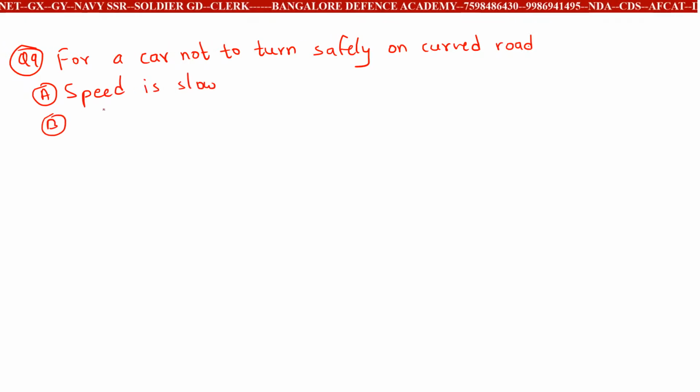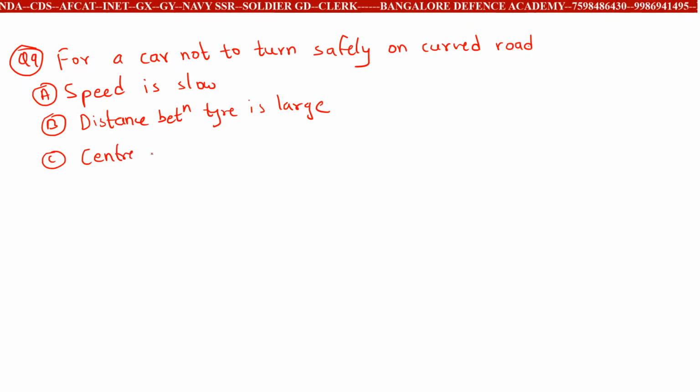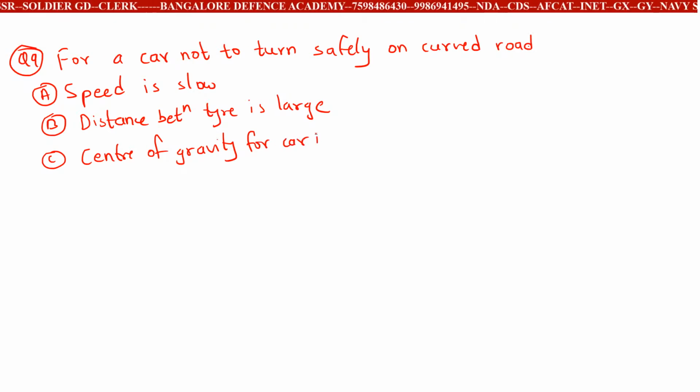Next, option B, distance between tires is large. Option C, center of gravity for car is low. And option D, low friction force.